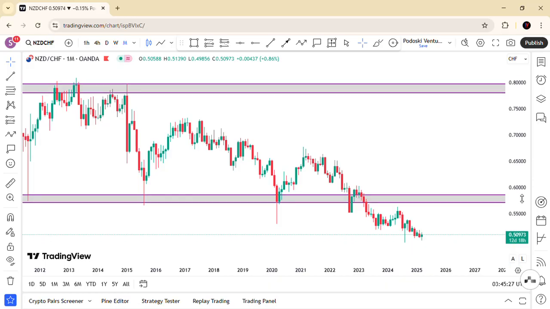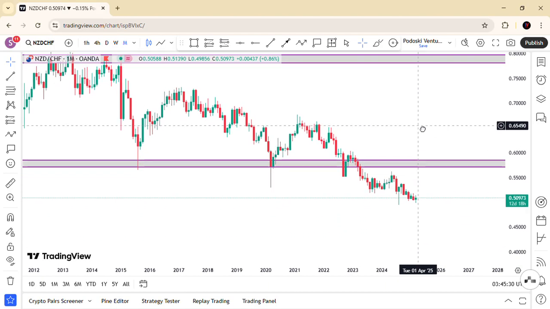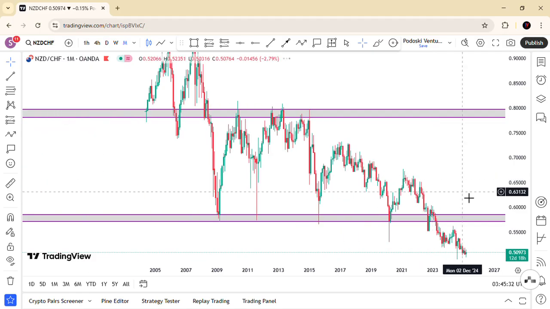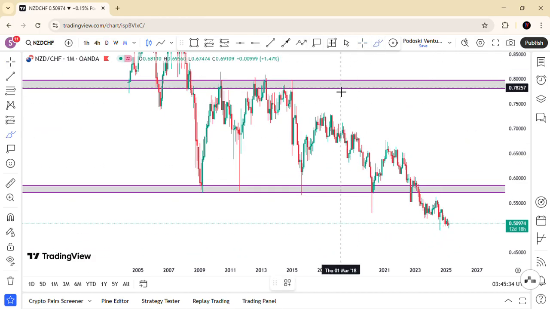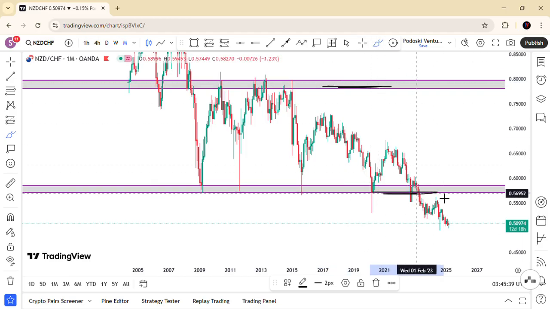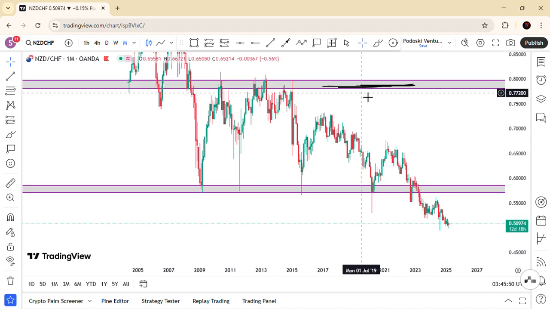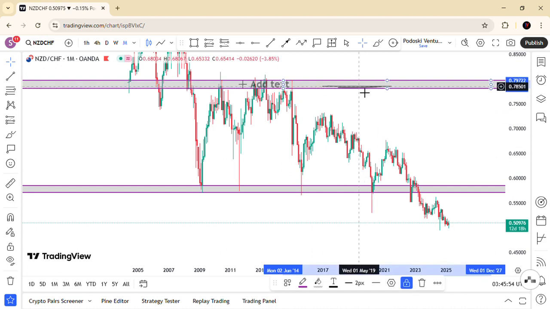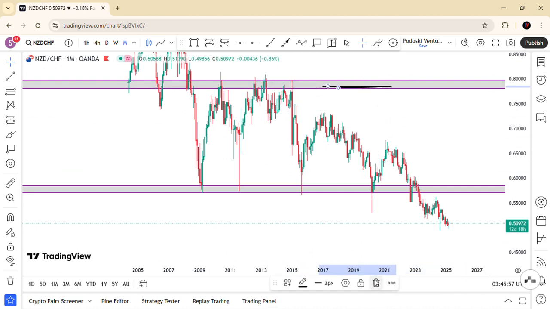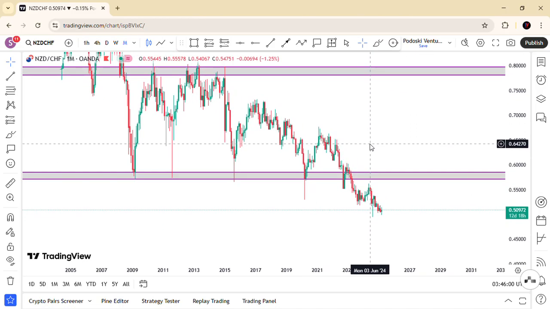On the monthly time frame, I have here my monthly resistance and my monthly demand, my monthly upper zone and my monthly lower zone.